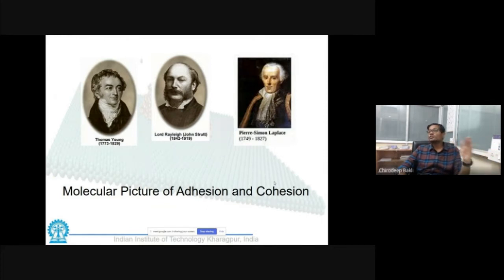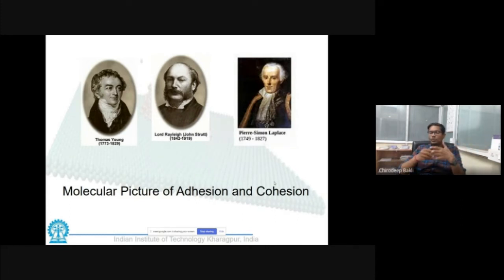Thomas Young, who is also known for Young's equation, first came up with the size of a molecule or a particle. Lord Rayleigh did that division and showed that what Benjamin Franklin observed 100 years back was actually a single molecular layer.